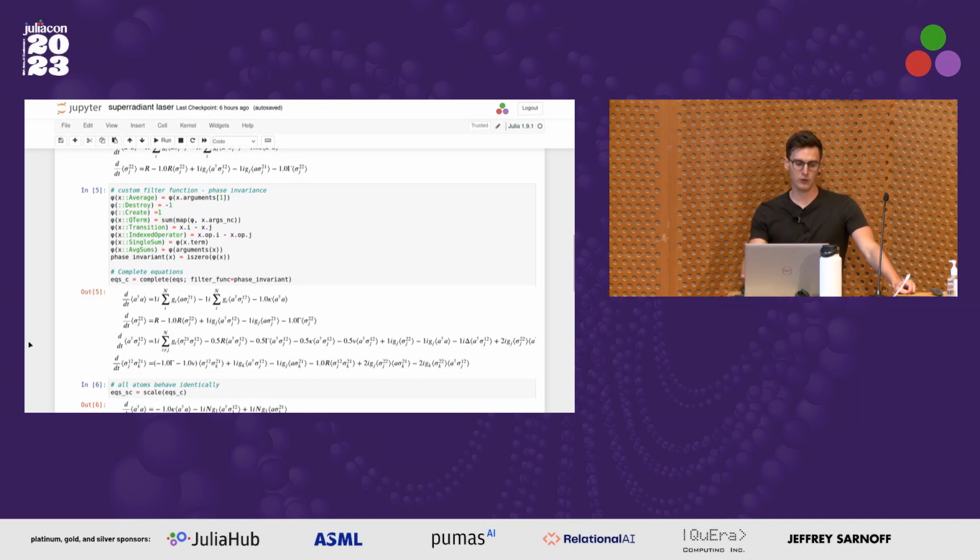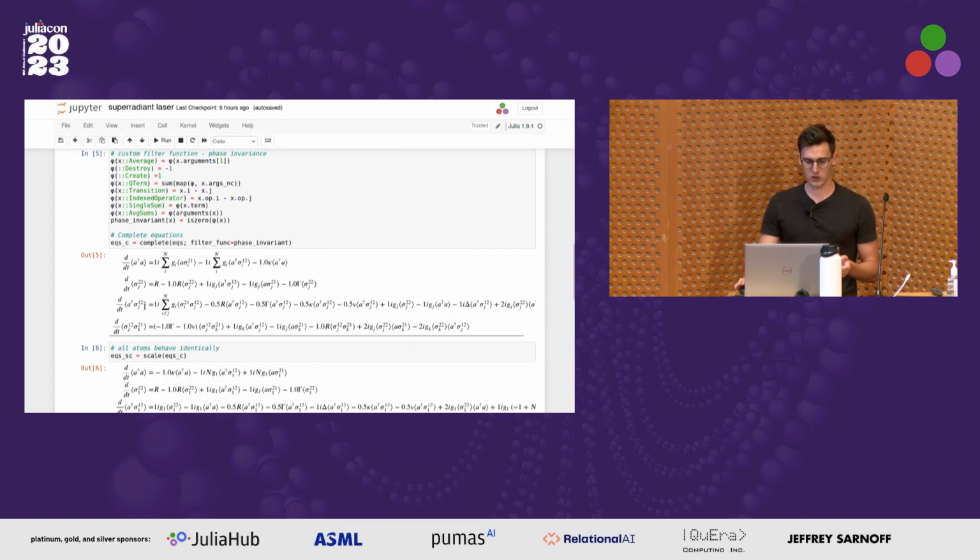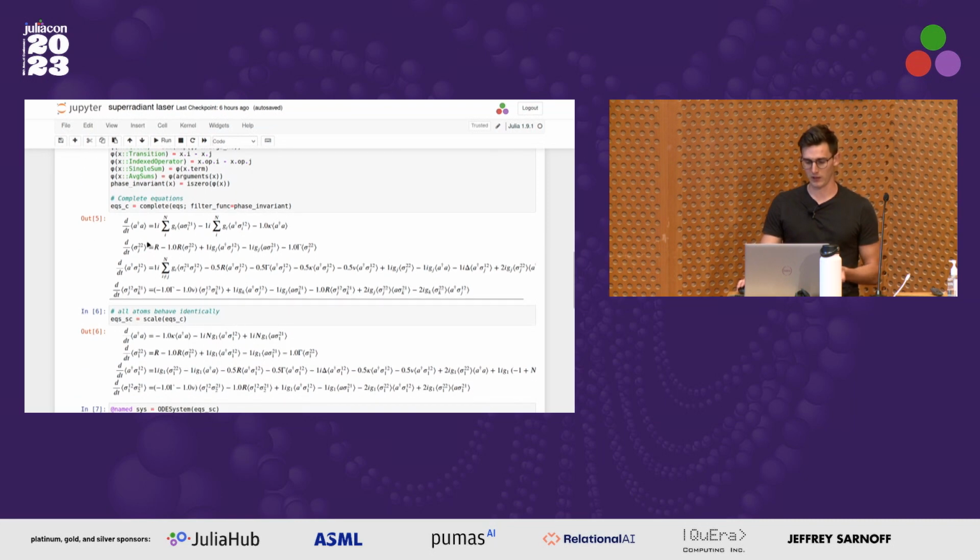There's another nice feature we can use now. If we assume that all atoms are identical in this system, we know that all these operator averages for different atoms do basically exactly the same thing if they start in the same state. This means we do not really need to derive all the equations for all the different atoms. We just know that all atoms basically do the same.